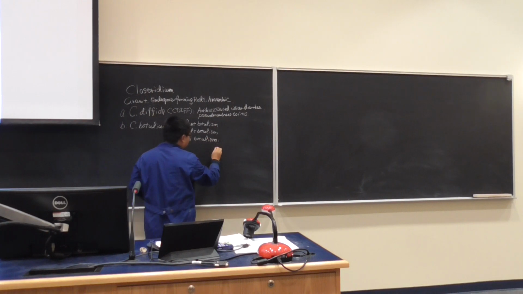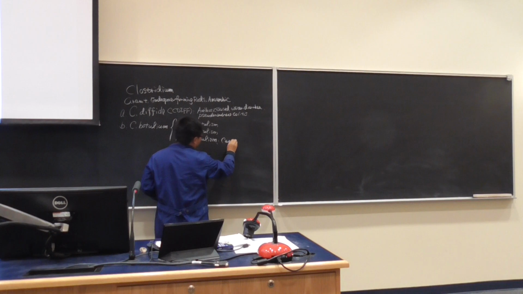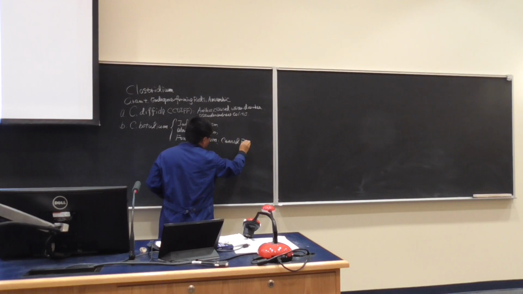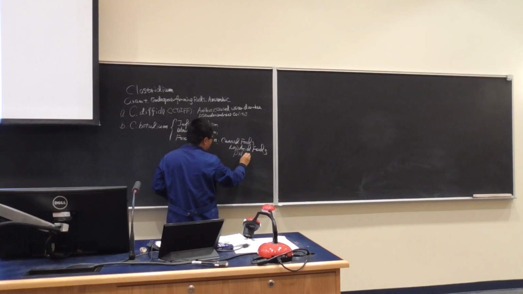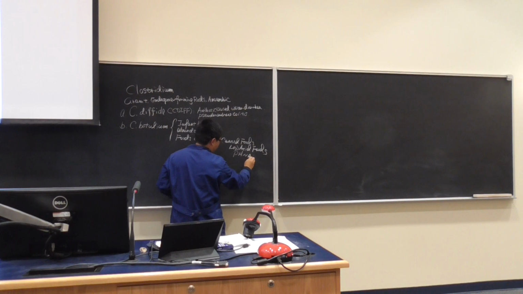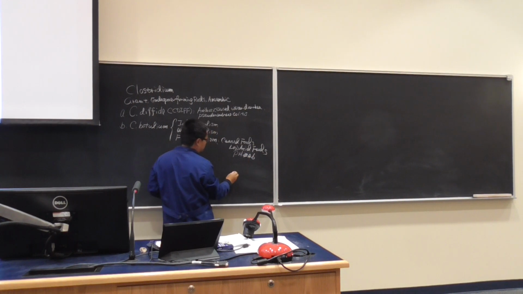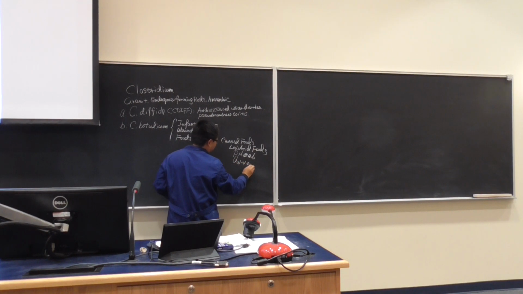This is typically for canned food, which we also call low acid food. That means pH more than 4.6, and water activity around 0.85.